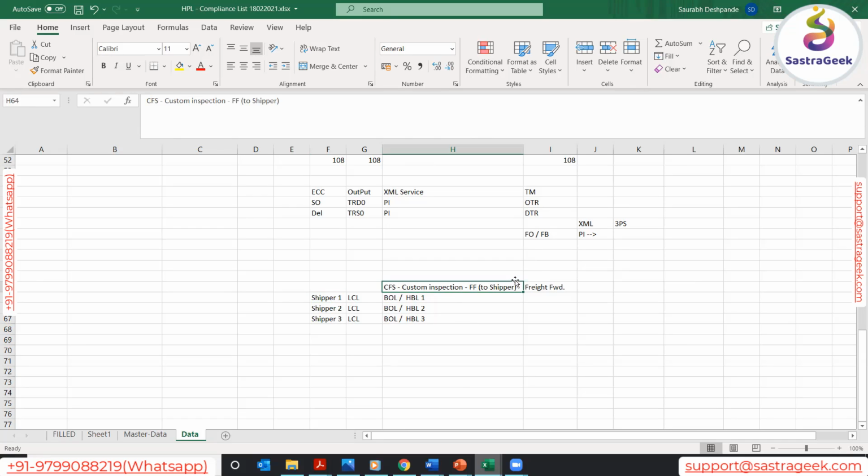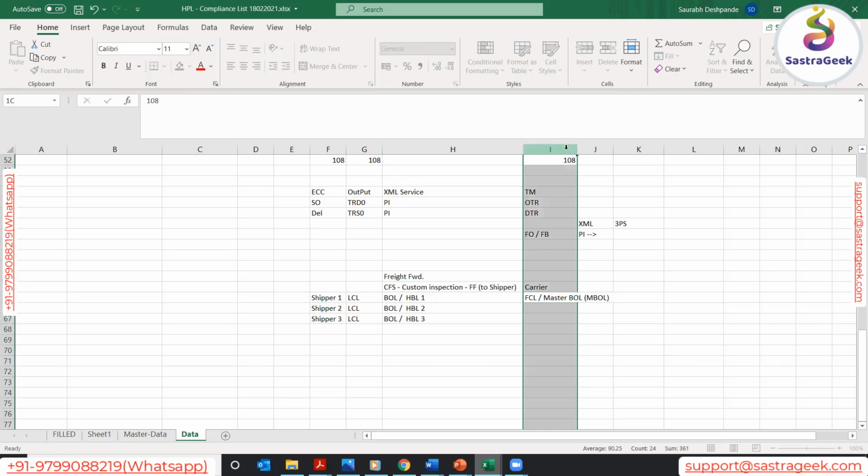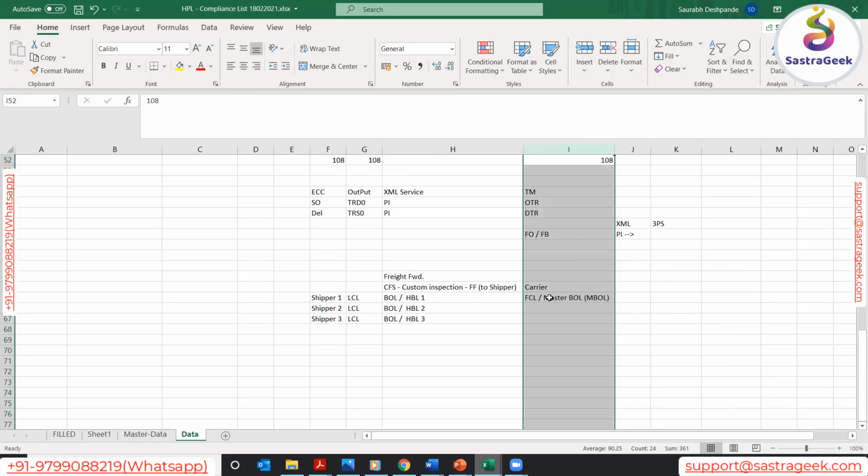Once it goes to the carrier, these all are clubbed into one single container, suppose one single FCL. So the carrier will issue one master BOL, or we call it MBOL.